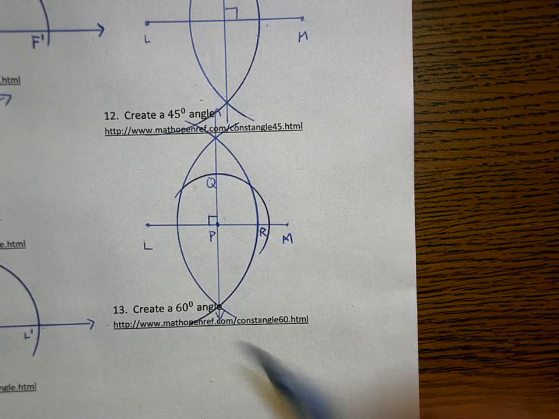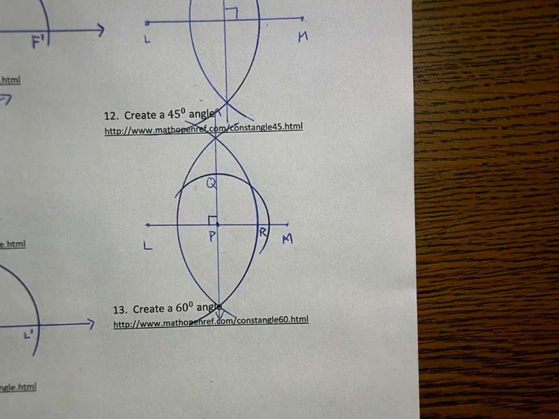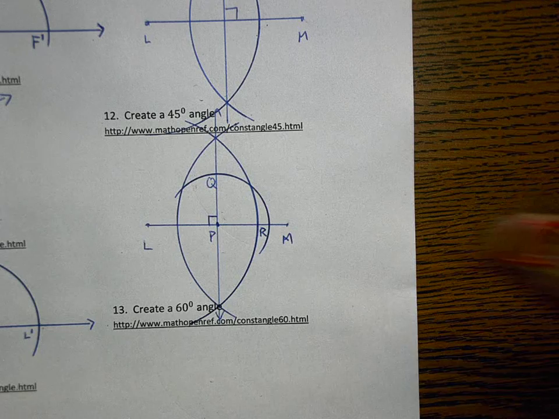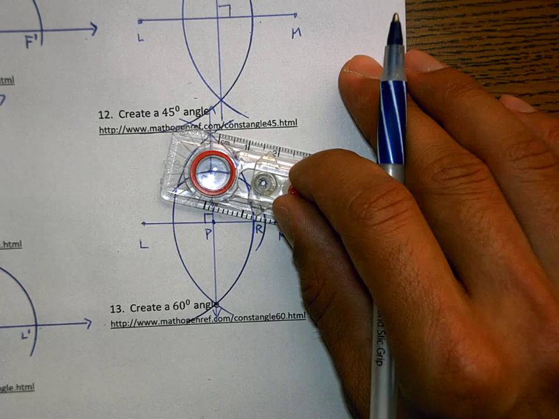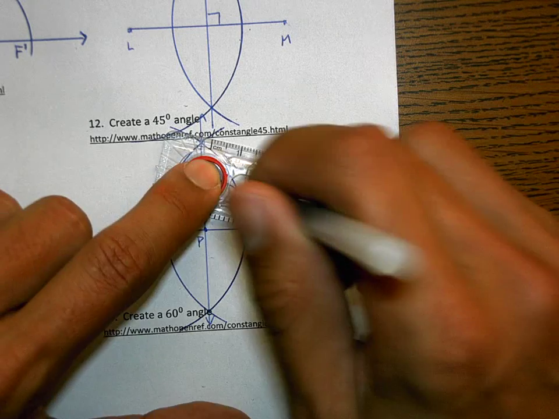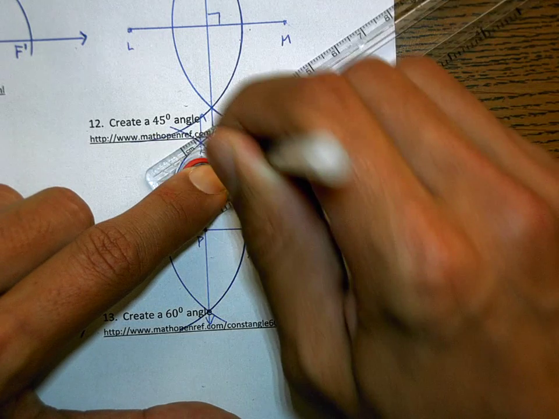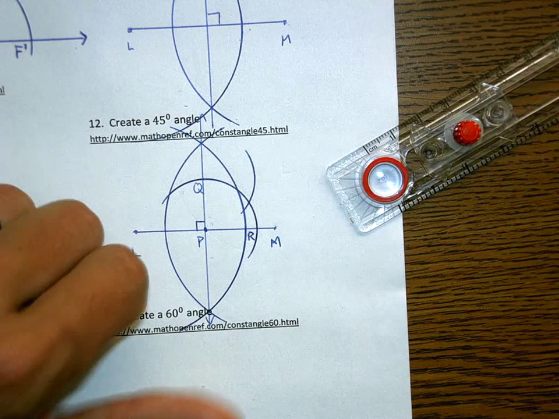So now that I have these 2 points, Q and R, are equidistant from point P, now I actually have to just bisect it. I put my bullseye on point Q. Same distance. Right in the middle of the angle. Same distance from Q. Out in the middle of the angle.